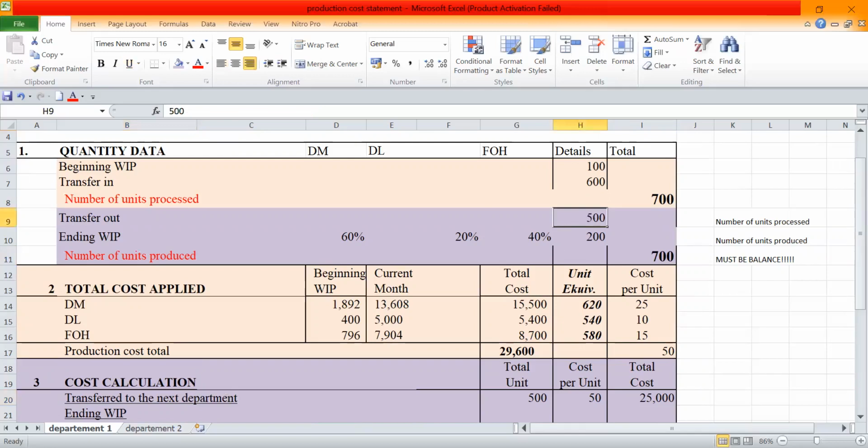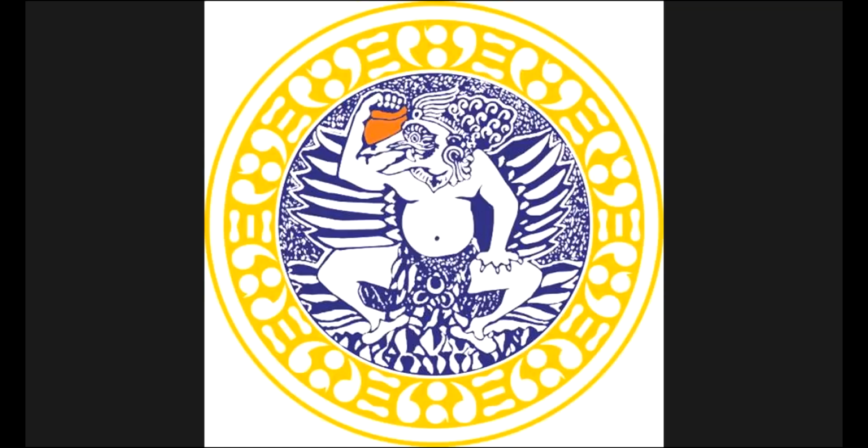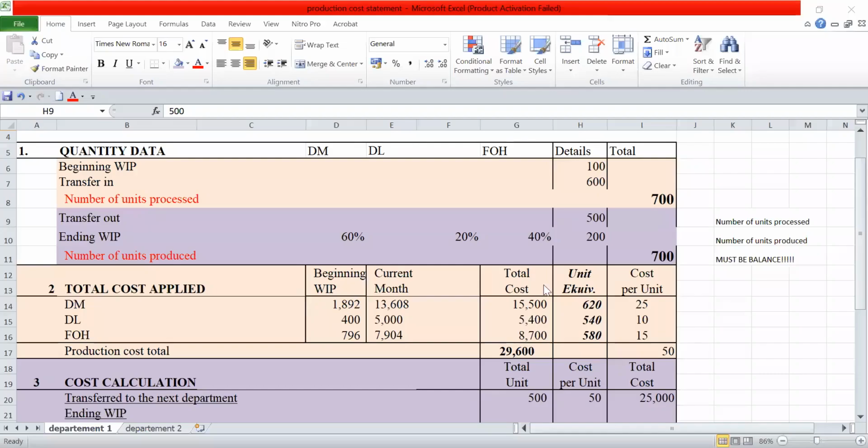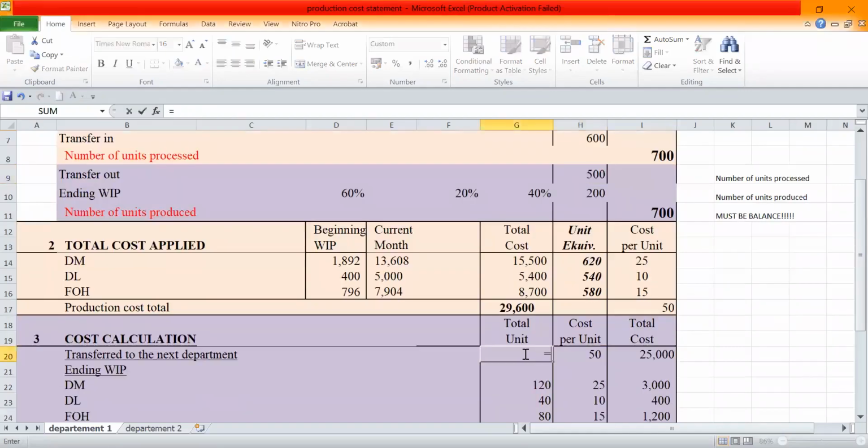So we input the 500 in here because the transfer out unit is 500. And then the cost per unit, we got the calculation from the previous part, the second part, which is 50. And then we just multiply 500 with 50.